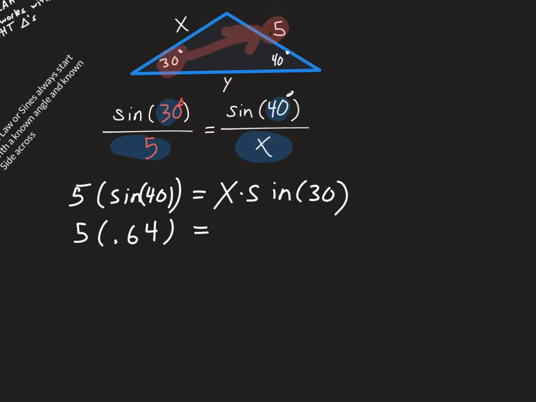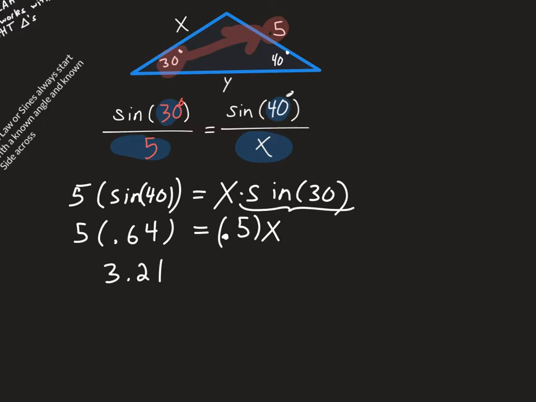That's 1/2. Maybe we could just be consistent and stay with decimals, so I'm going to say the sine of 30 was 1/2 or 0.5. So I'm going to go 0.5 times x. Let's do one more step. Again, I might go to my calculator and say 5 times 0.64 is 3.21.